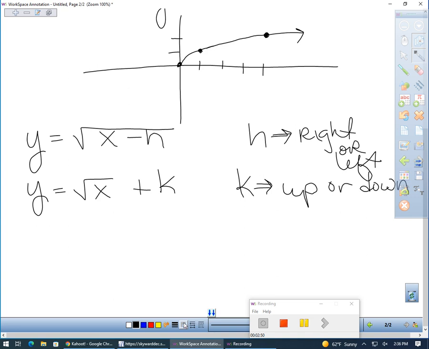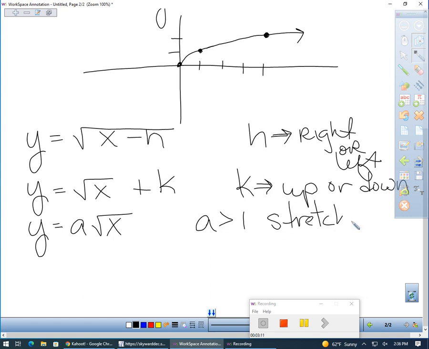If I have a number in front of that radical, just like when we did absolute value functions or quadratic functions, if I have an a in front of that square root of x, that a, if a is greater than 1, it's a stretch. And if a is between 0 and 1, it's compressed, or it gets flatter.